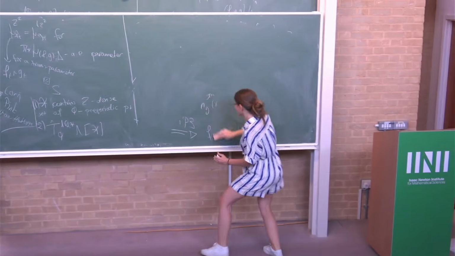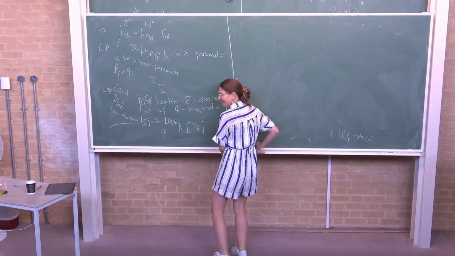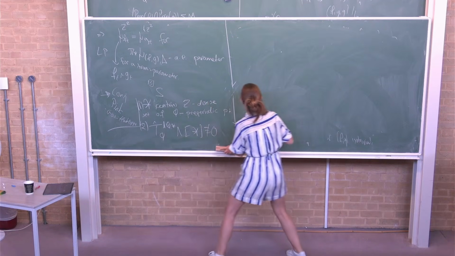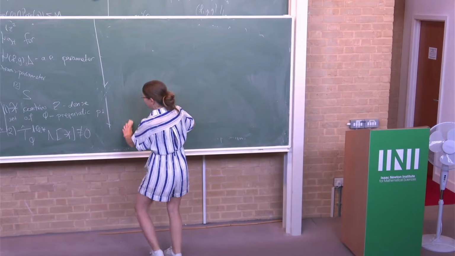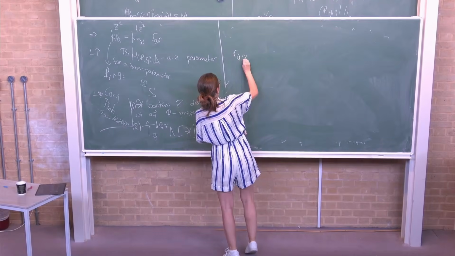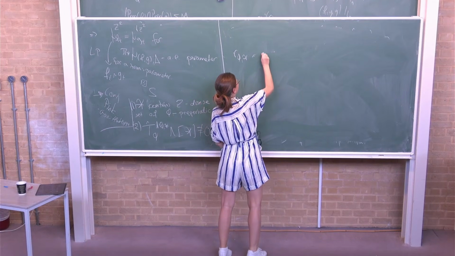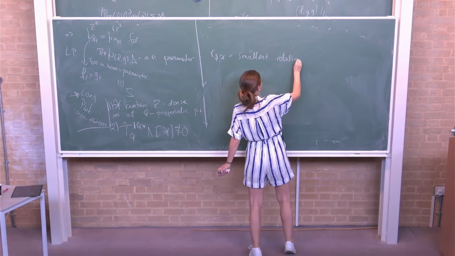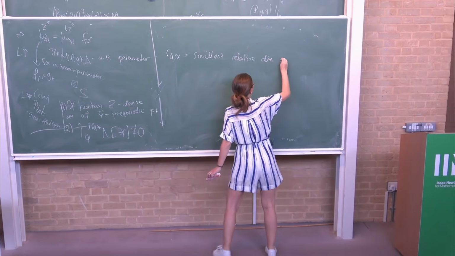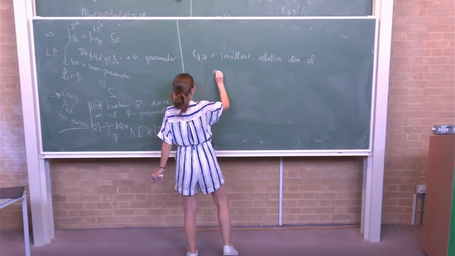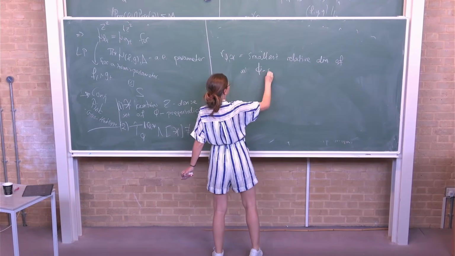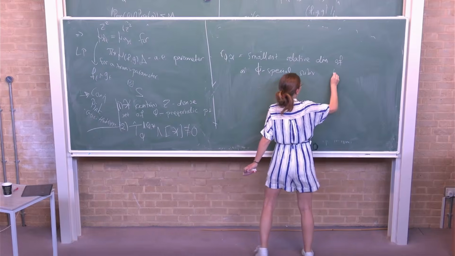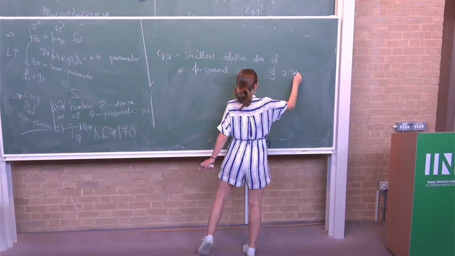So r(X) is the smallest relative dimension of an invariant, a Phi-special subvariety Y that contains X.